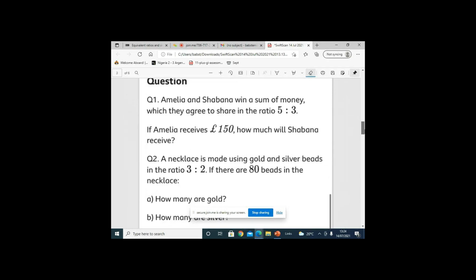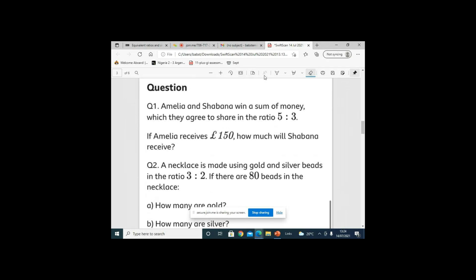Another type of question is this. Amelia and Shabana win a sum of money, which they agree to share in the ratio 5 to 3. So Amelia is going to be 5, Shabana is going to be 3.